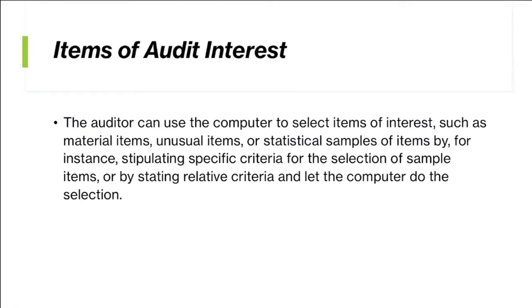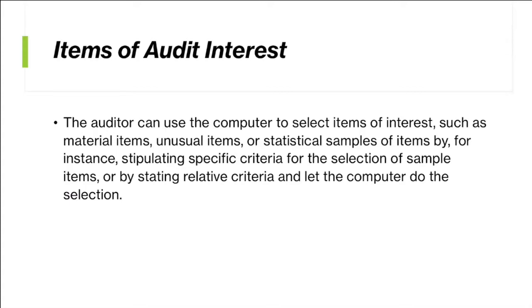First, items of audit interest. The auditor can use the computer to select items of interest such as material items, unusual items, or statistical samples of items by, for instance, stipulating specific criteria for the selection of sample items or by stating relative criteria and letting the computer do the selection.